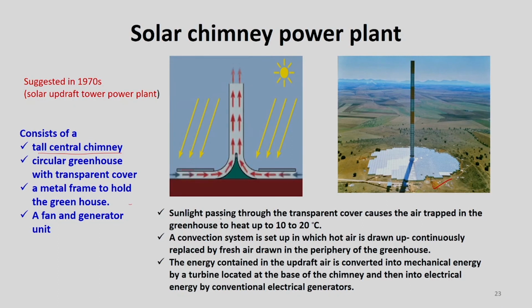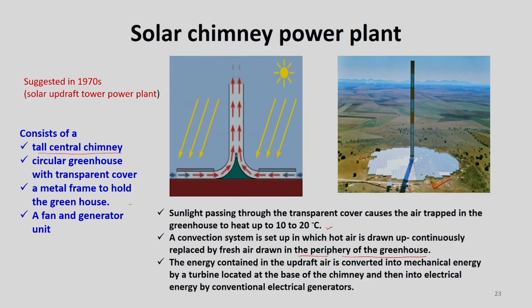The sunlight passing through the transparent cover causes the air trapped in the greenhouse to heat up by 10 to 20 degrees C. A convection system is set up in which hot air is drawn up and continuously replaced by fresh air drawn in at the periphery of the greenhouse.